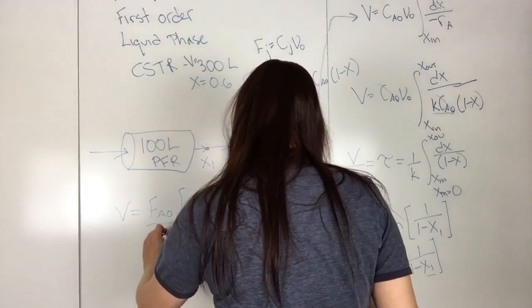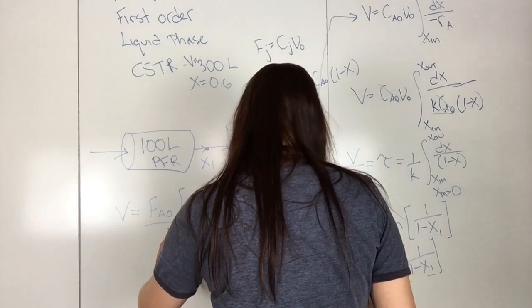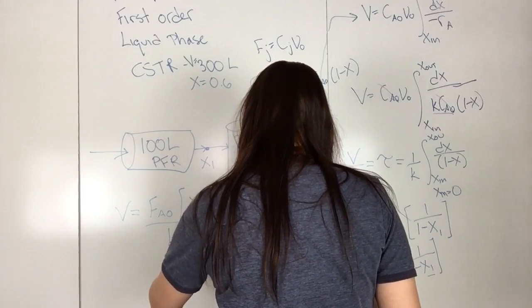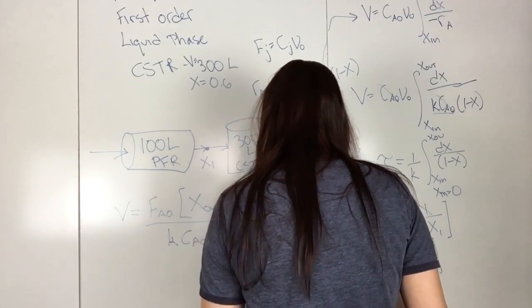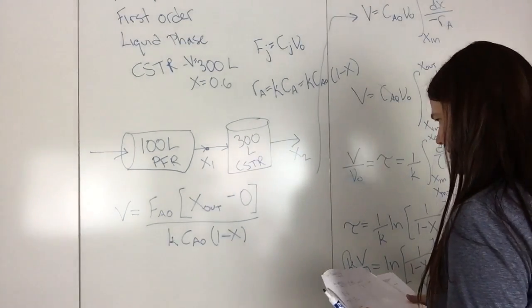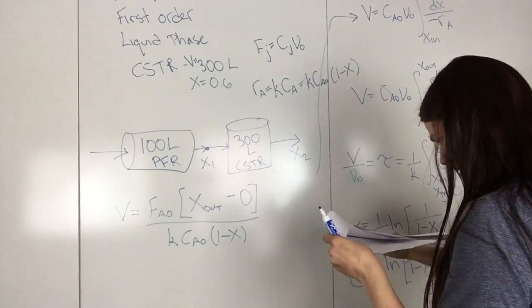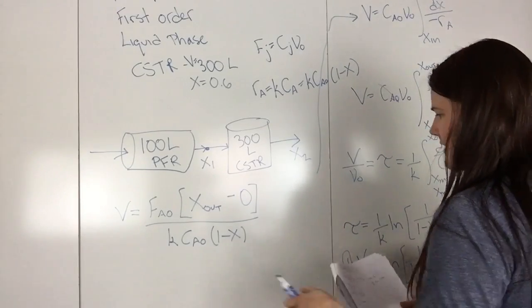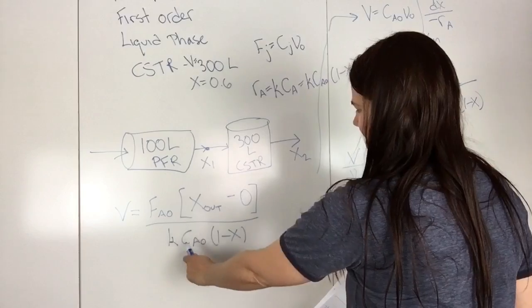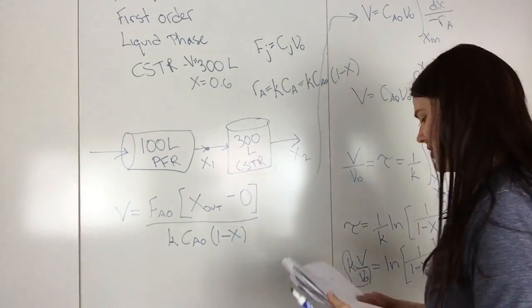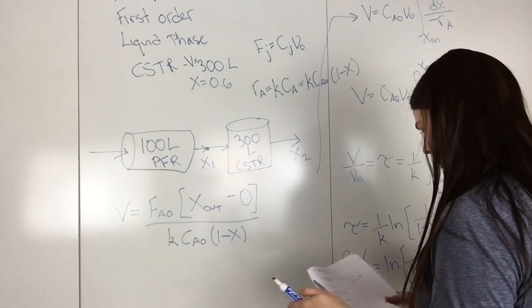This is divided by K CA naught 1 minus X, because this is divided by the rate, and I just plugged in the rate directly.